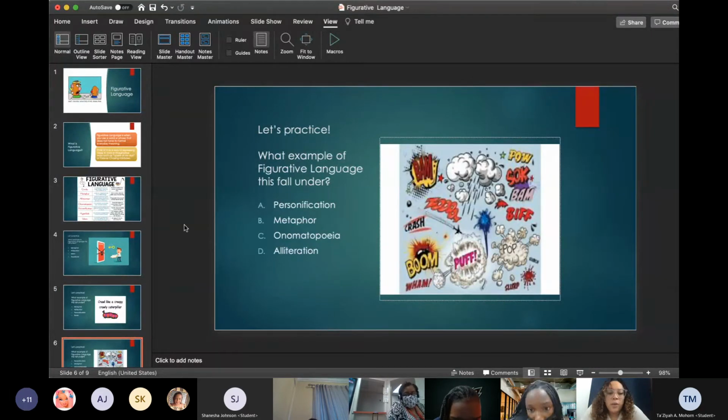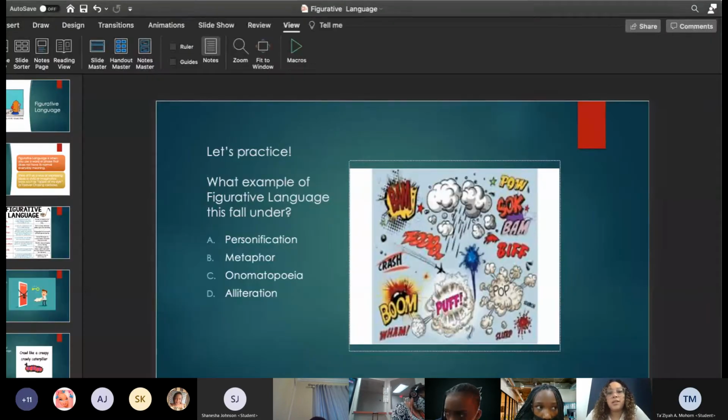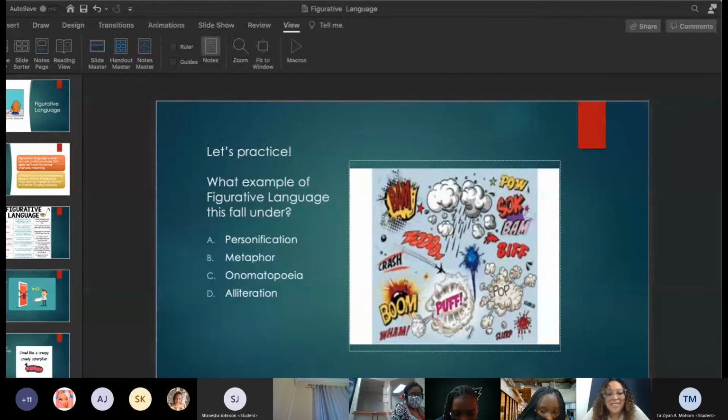What example of figurative language does this fall under? Is it personification, metaphor, onomatopoeia, or alliteration? I got Breon. Breon, what's the answer? Uh-oh, Breon, you might lose your spot. 10, 9.